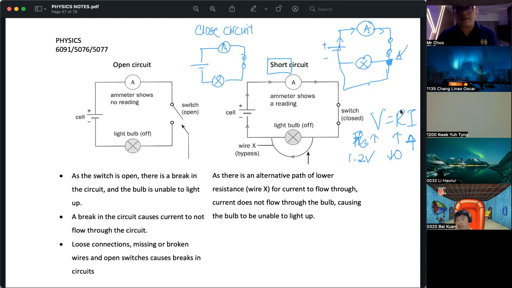All your current will go through this path since there's no resistance, and you know that between left and right, the potential difference is 1.2 volt. Will this current be very big or very small? All of you type it out now.